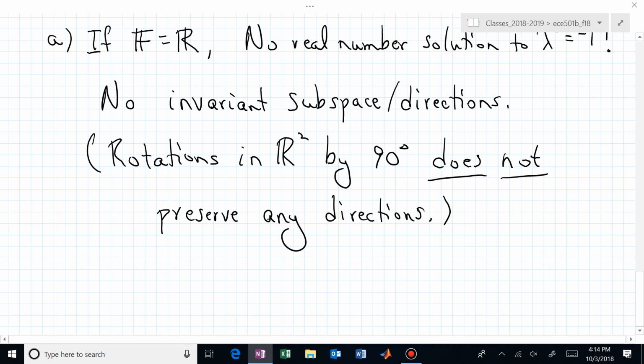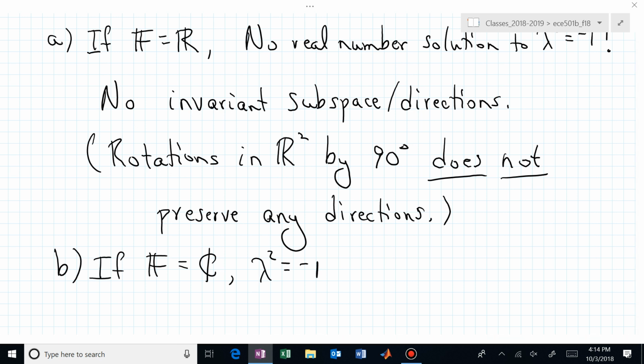So let's look at the other case. Let's let the field be complex. We have the same derivation or development. Now we're looking for lambda squared equal to minus 1, and this is how we started to define complex numbers.